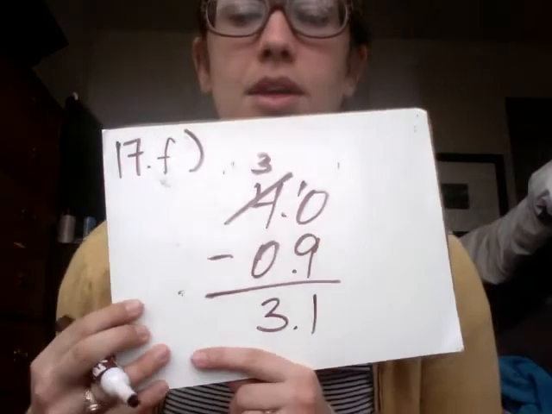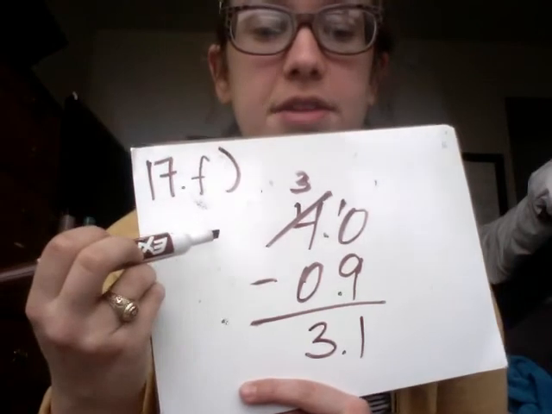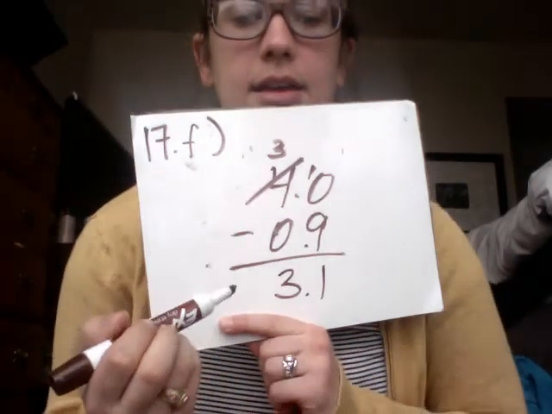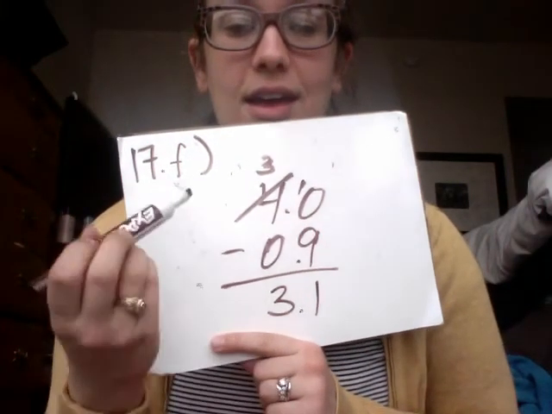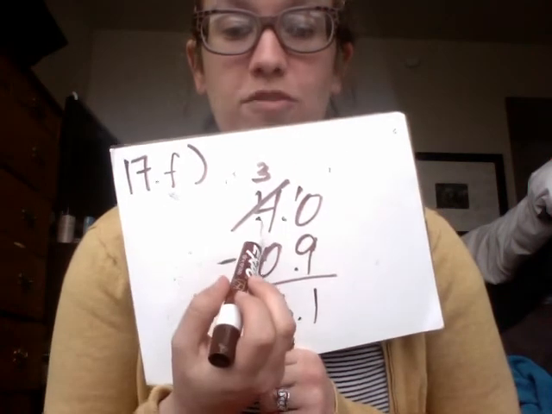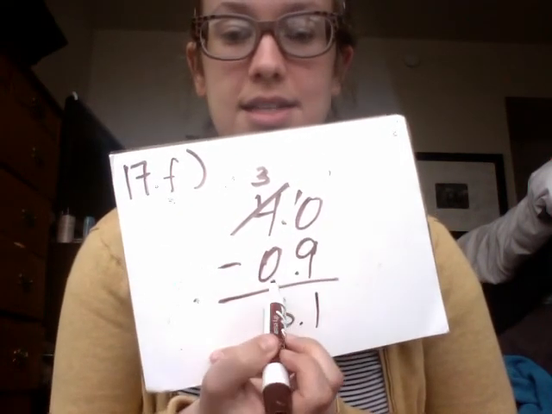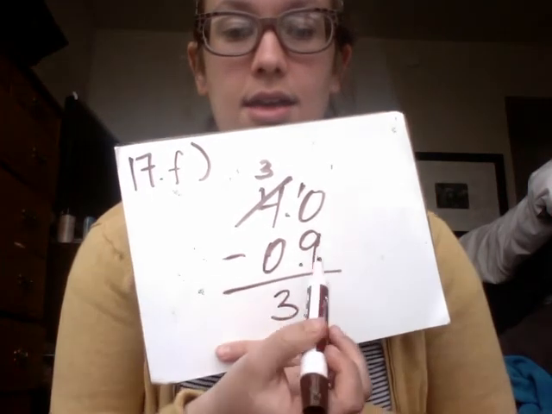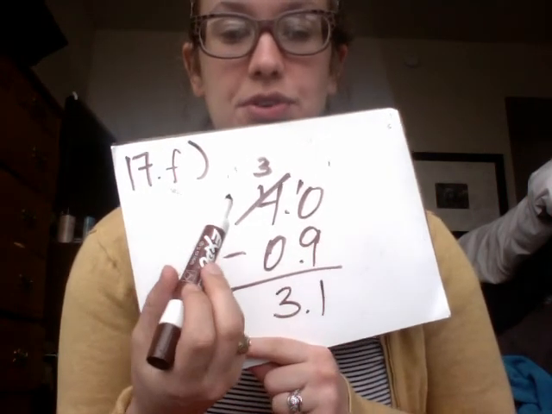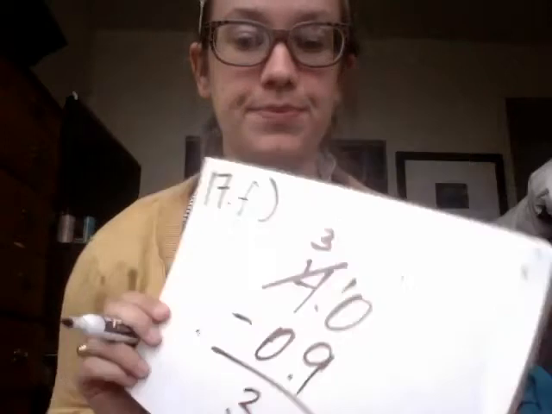Here, you could have thought about it as 40/10 minus 9. That probably would have gotten you here. I traded in one of my 1s for 10/10. 10 minus 9 is 1. I still had 3 1s left over. 3 minus 0 is 3. Okay, I'm going to stop us there.